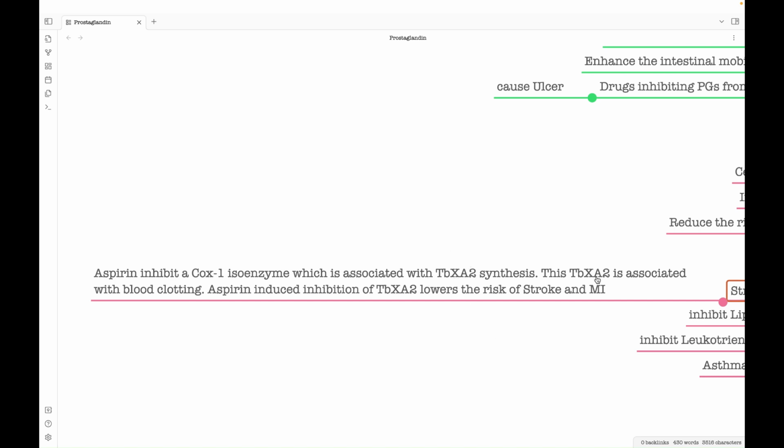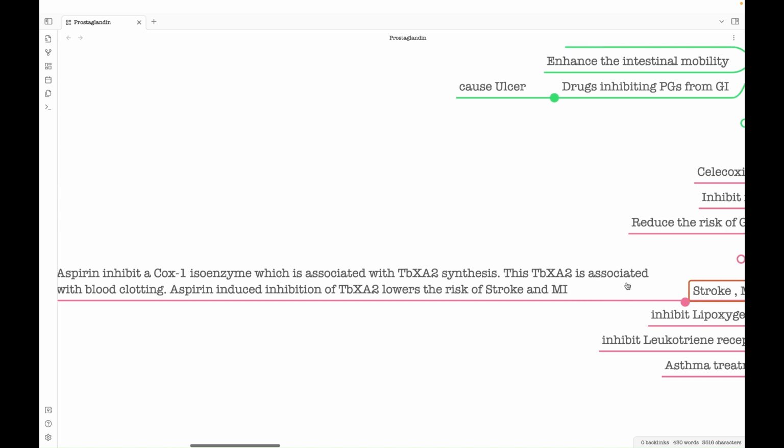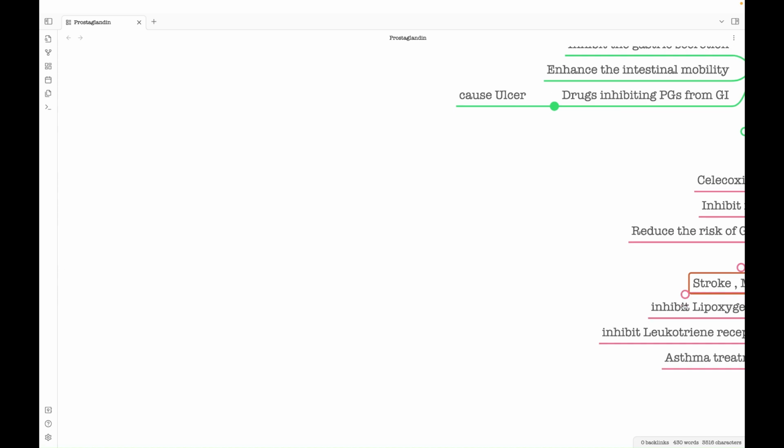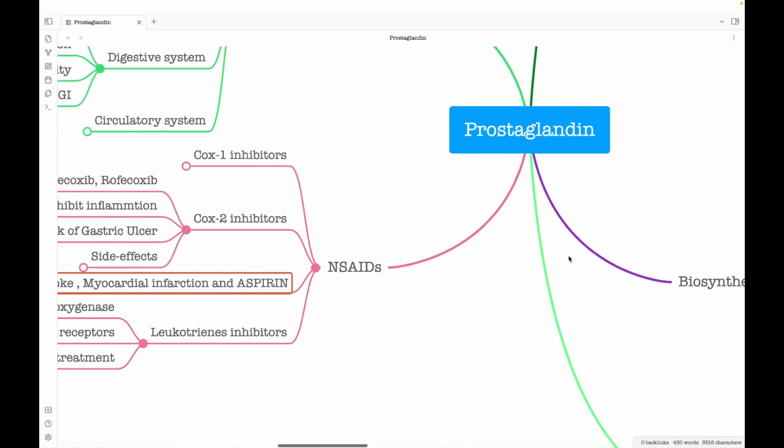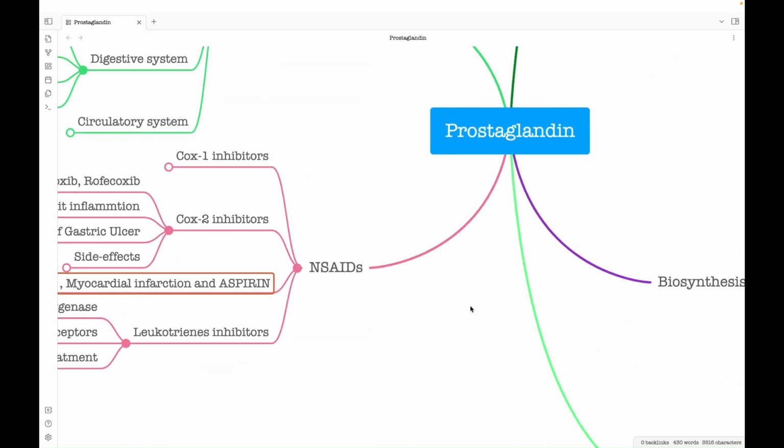This thromboxane A2 is associated with vasoconstriction and blood coagulation, that is, blood clotting. Aspirin-induced inhibition of thromboxane A2 lowers the risk of stroke and myocardial infarction. So since aspirin can inhibit the COX-1 isoenzyme associated with thromboxane A2 synthesis, it can lower the risk of stroke and myocardial infarction.